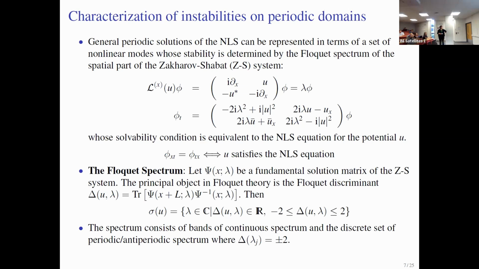And so since this is a non-self-adjoint operator, your spectrum is in the complex plane. And so the spectrum consists of bands of continuous spectrum in the complex plane and a discrete set of periodic and anti-periodic spectrum where delta is plus or minus 2.